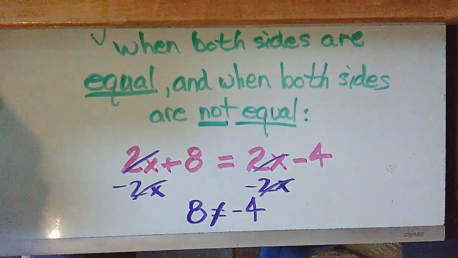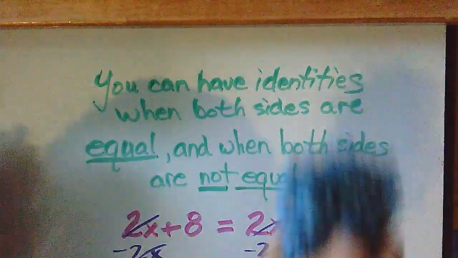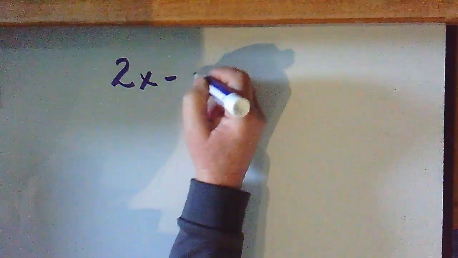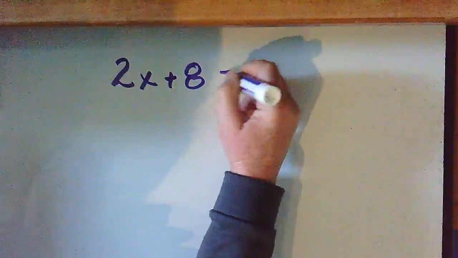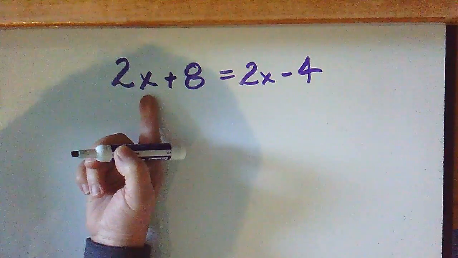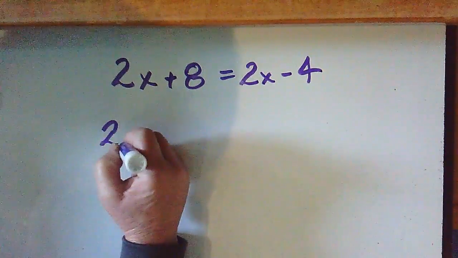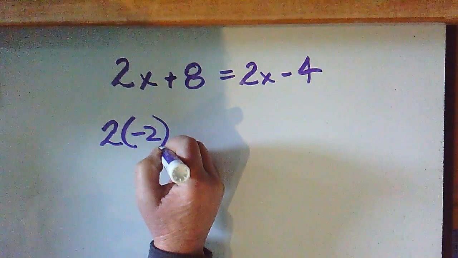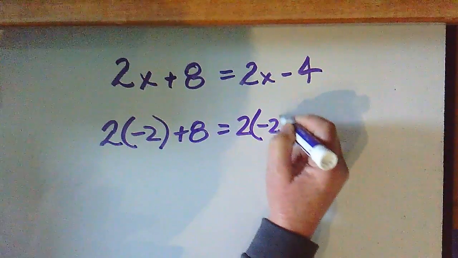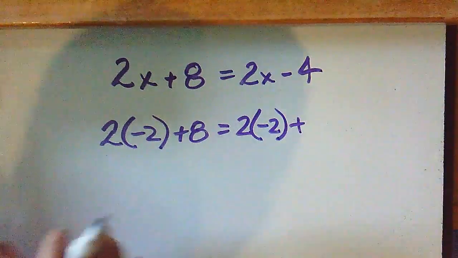So if we wanted to try substituting a number in, just like we did for the other identity, let's substitute negative 2 in there. So 2 times negative 2 plus 8 equals 2 times negative 2 minus 4.